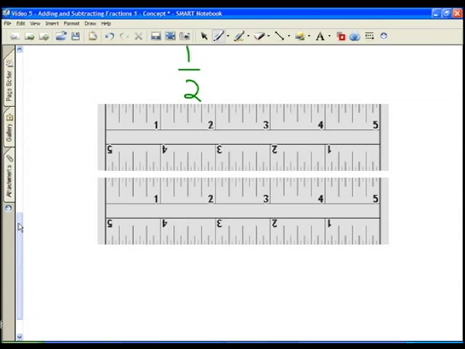And so 1/4 of an inch is right here. You can see these lines, 1, 2, 3, 4. These lines divide this inch into quarters, or into fourths. And so we have 1/4 on this ruler and 1/4 on this ruler.